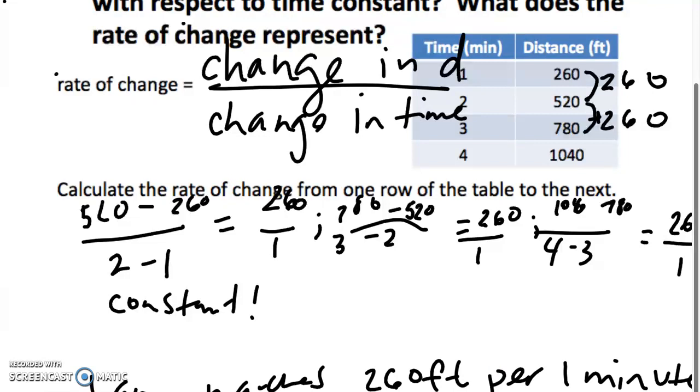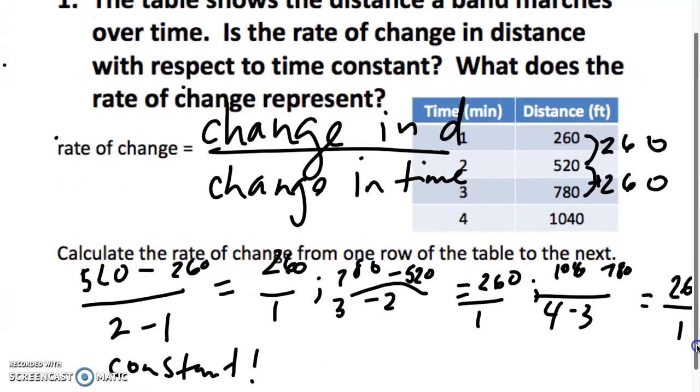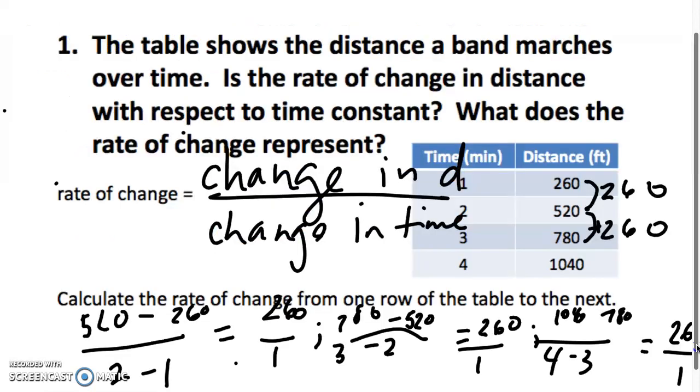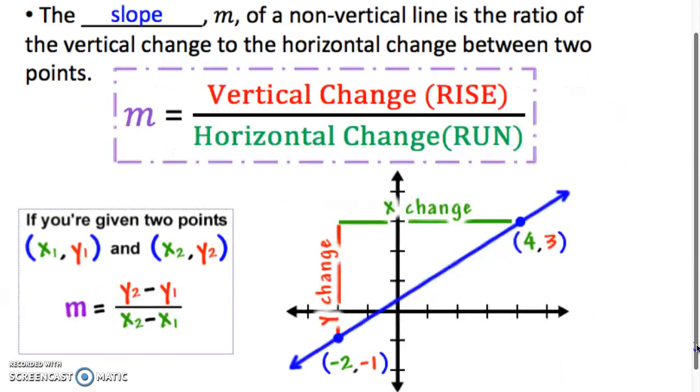Does everybody understand rate of change? Rate of change talks about the change in the distance over the change in the time, so it's the change in the dependent variable over the change in the independent variable. Here, my distance depends on the time. Time is independent. All right, moving on.